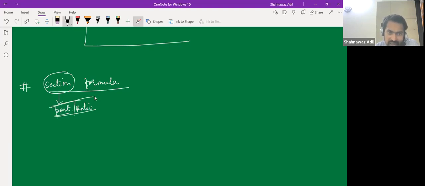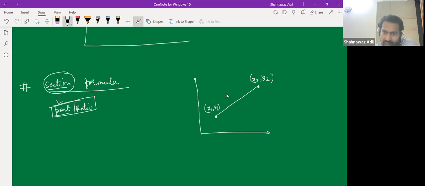Let's say we have 2 points, so this will make a line. Let's say the coordinates of these 2 points are (x1, y1) and (x2, y2). What this section formula relates is that whenever I choose one point in between these 2 points, this point will divide this line into two parts.